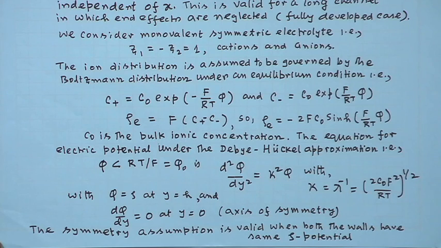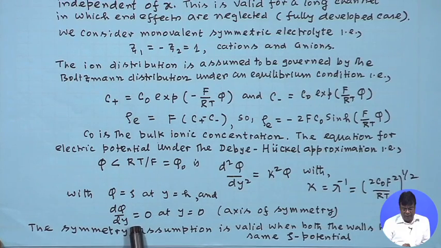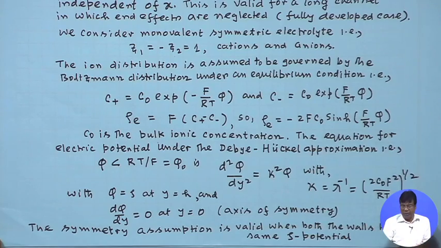We consider the origin with the x axis along the central line of the channel, and we consider an axis of symmetry. This symmetry assumption is valid provided both the walls have the same zeta potential. So the condition is d phi by dy equal to 0 at y equal to 0.